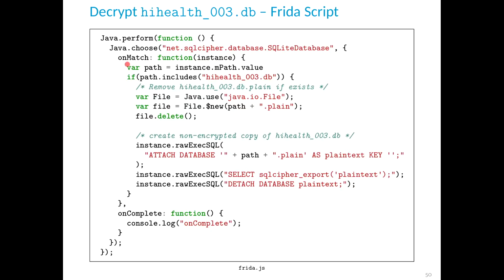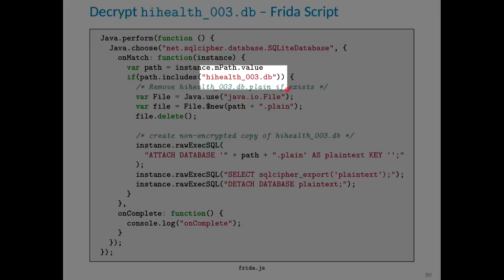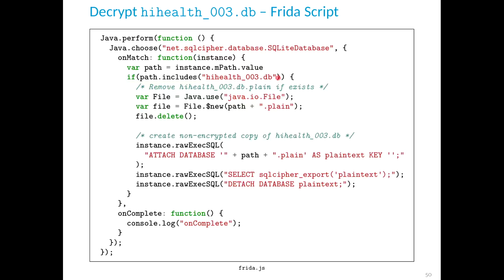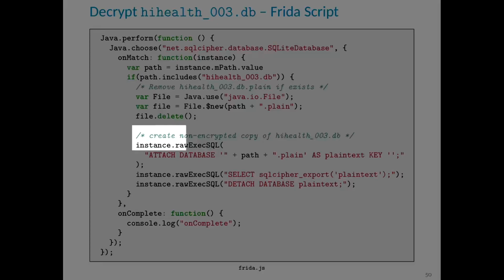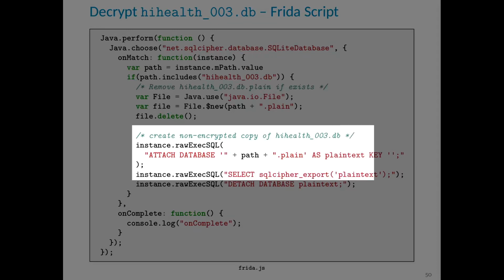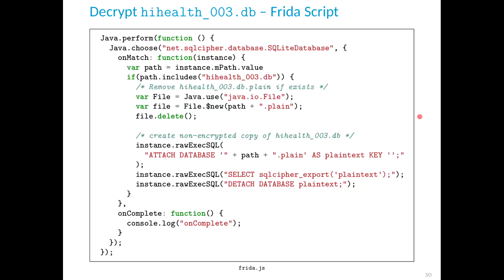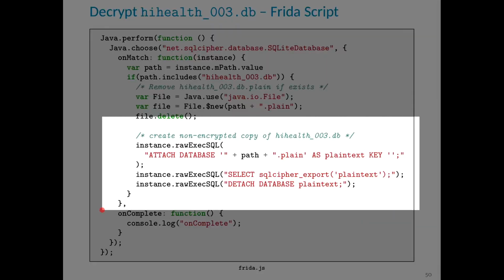So each time a database was found on the heap, I checked if it's the HI Health database. And if it was, I created a non-encrypted copy of the HI Health database. And this is really simple. You only have to check the documentation how you can do that.